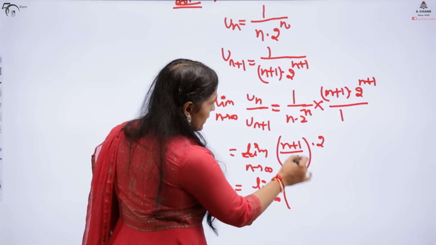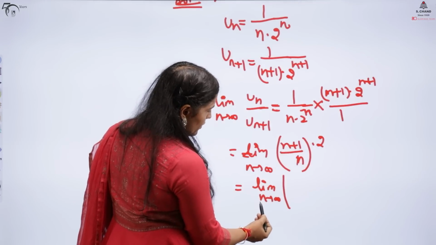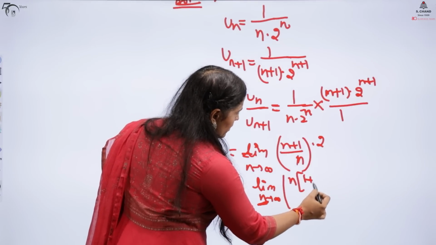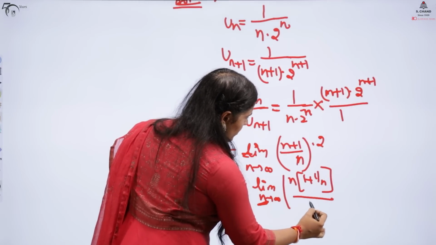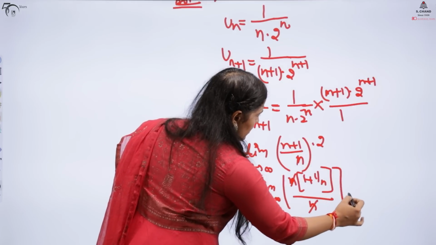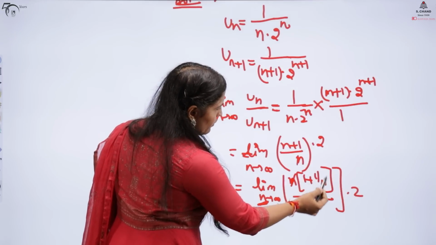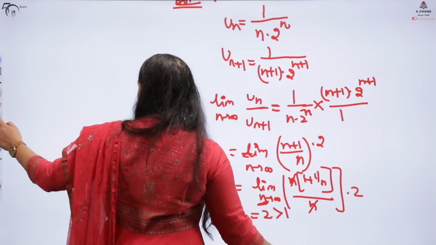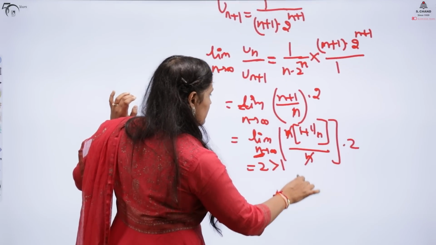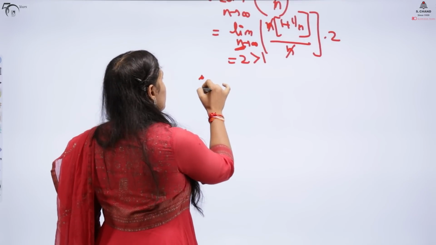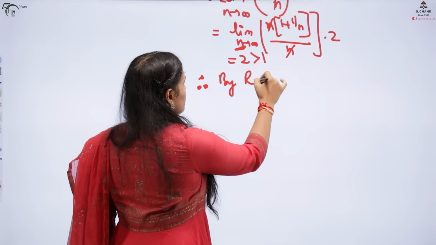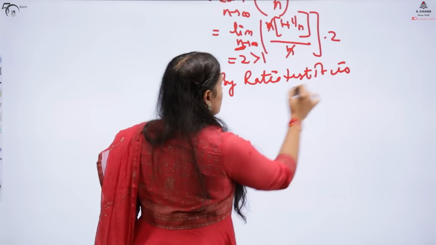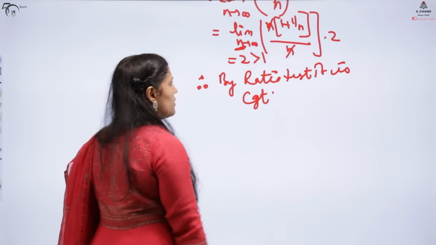I told you that when n tends to infinity, it is better to remove it, so take out n common. It cancels, and 1 upon n tending to infinity will give you 0, so it is just 2, and that is greater than 1. So according to the result, L is greater than 1, therefore by ratio test the given series is convergent.